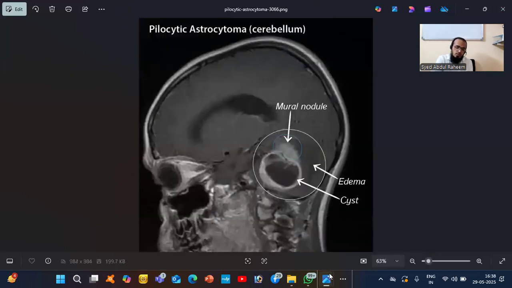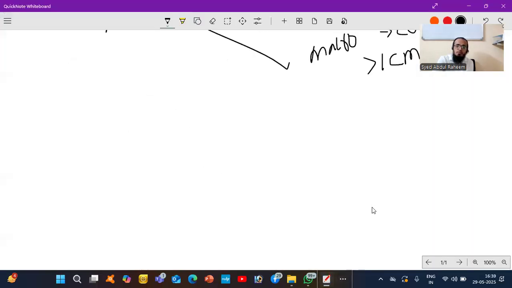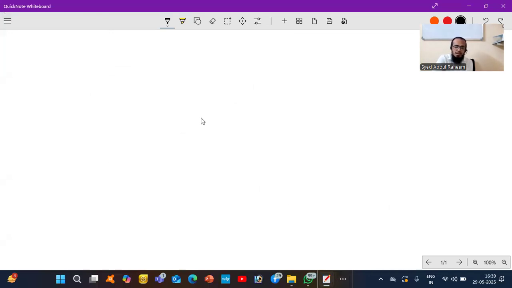Okay, next we have children. What are the most common types of tumors in the children? In the children, we have two common types of tumors. One is benign, one is malignant.